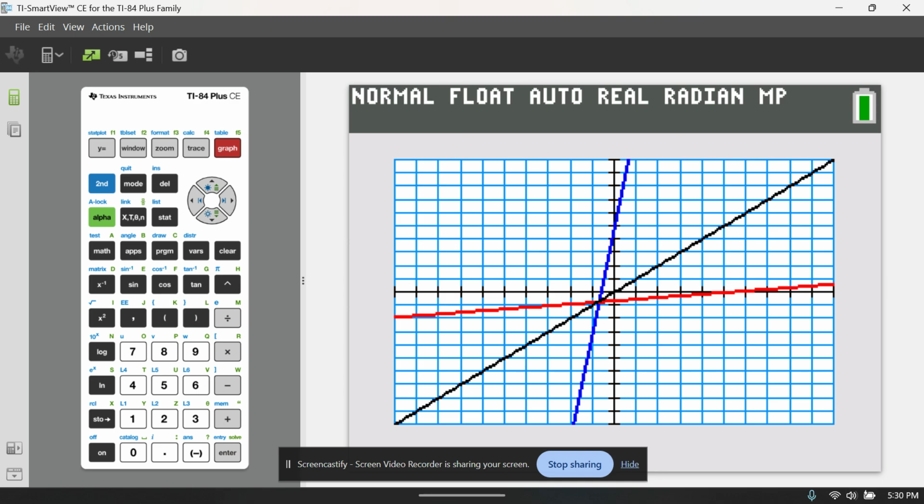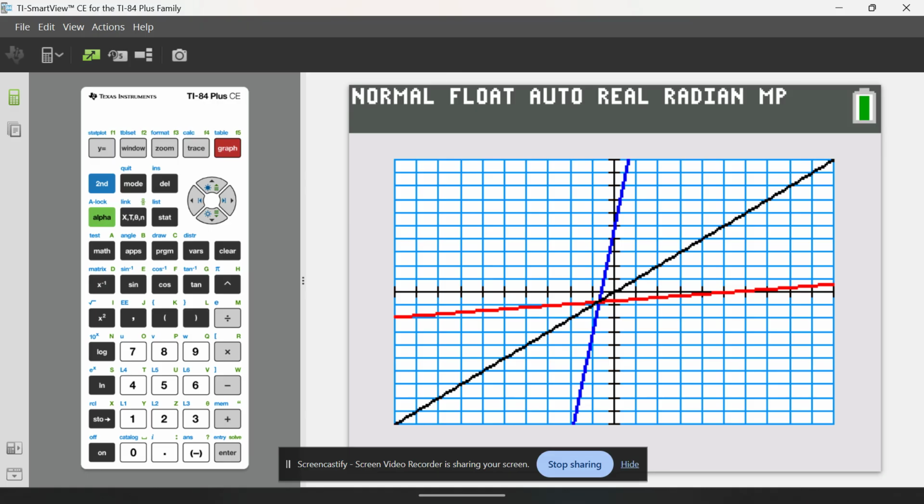So sometimes that's a quick check to see if they're inverses of one another. If you can graph it and they reflect, notice where the blue and the red line intersect: right on the black line. If they're inverses of one another, that's where they're going to run into each other, on that y equals x line.